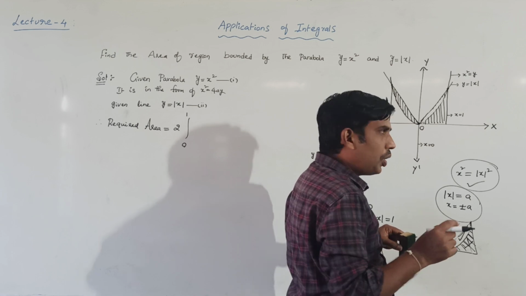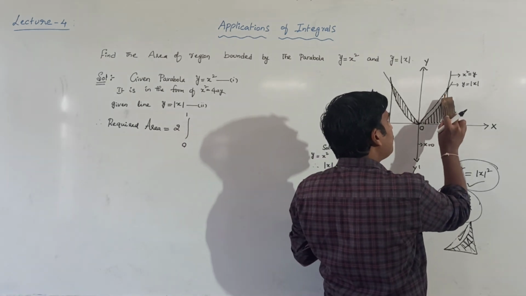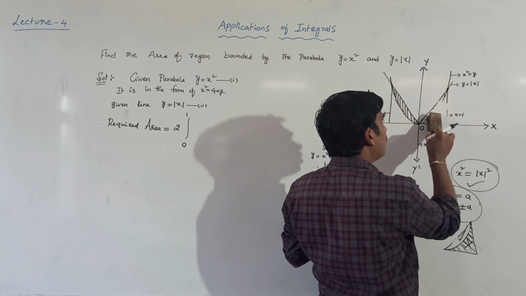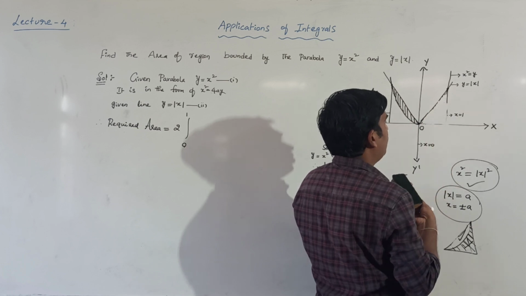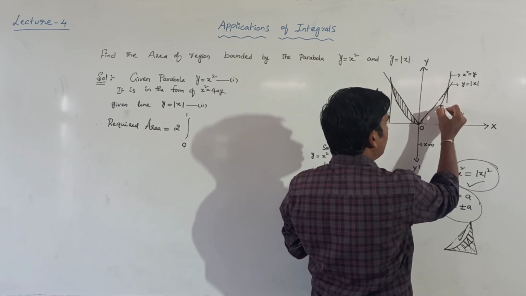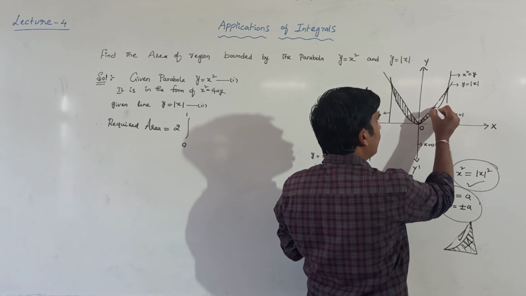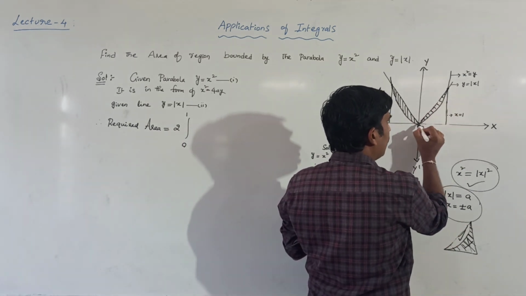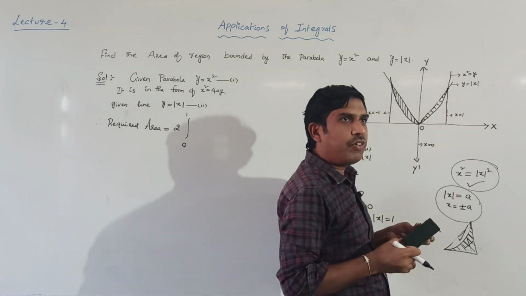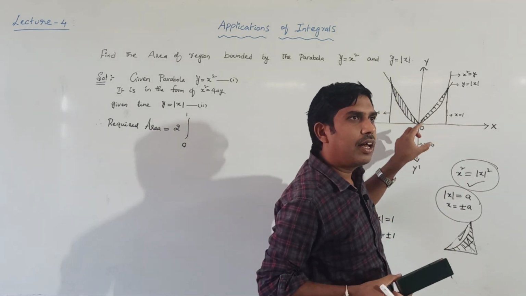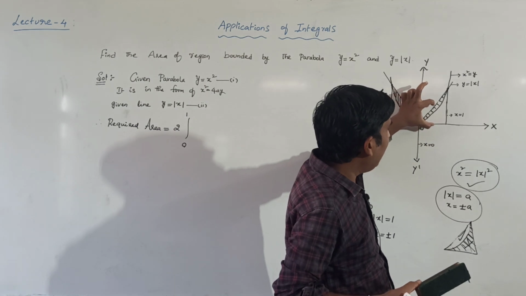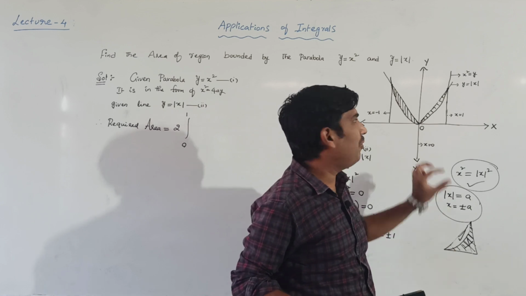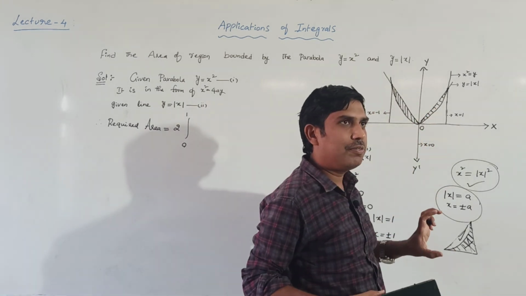Understood? What we have to do is, in the line area, remove the curve area, then we will get the bounded area.